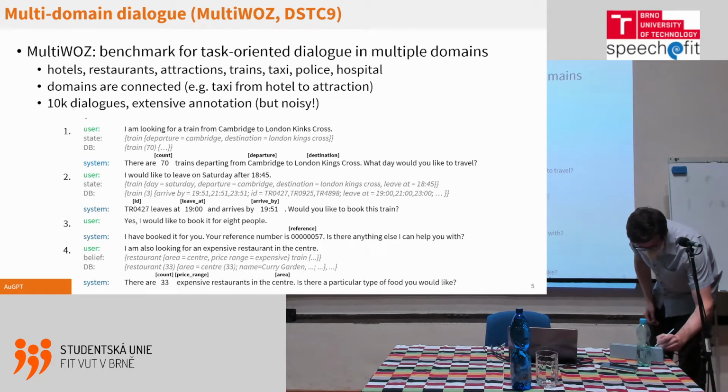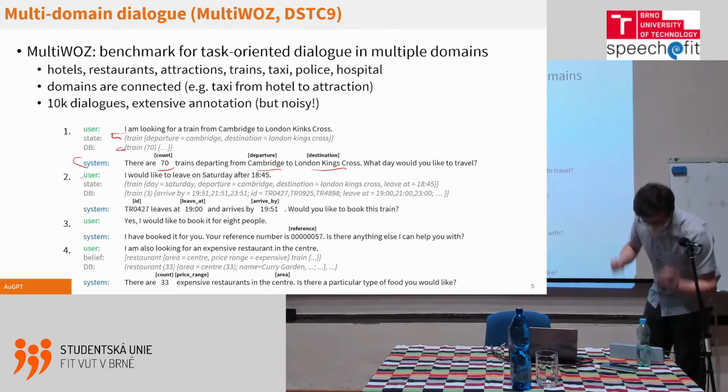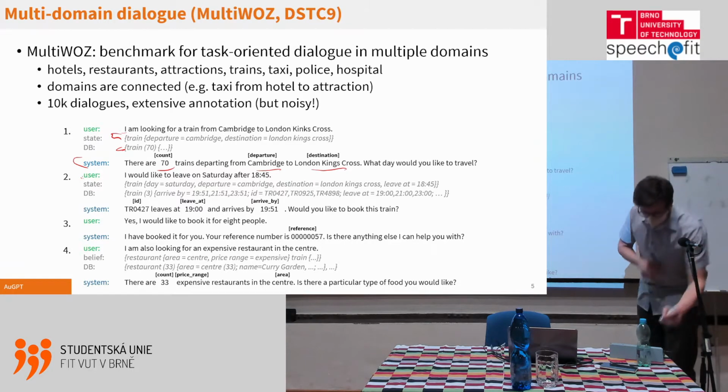If you look at it, the user says they are looking for a train from Cambridge, and the agent or system has some information from the database and is tracking the dialog state. You have all this annotation included. Then the user specifies the date and time, which is included in the database search.